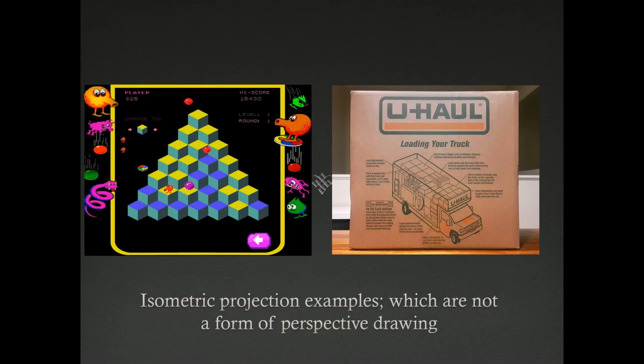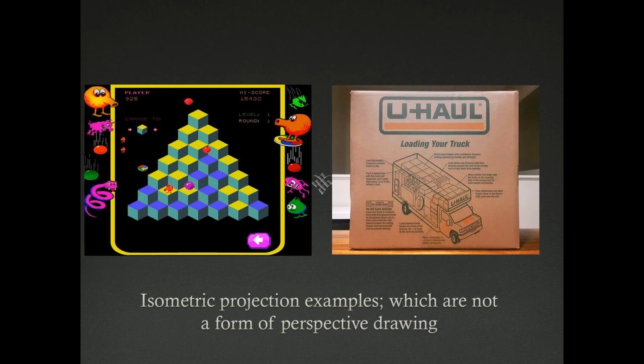Okay, so in this image we have a couple examples of isometric projection, which is not perspective drawing, but it still has some suggestions of a three-dimensional space.